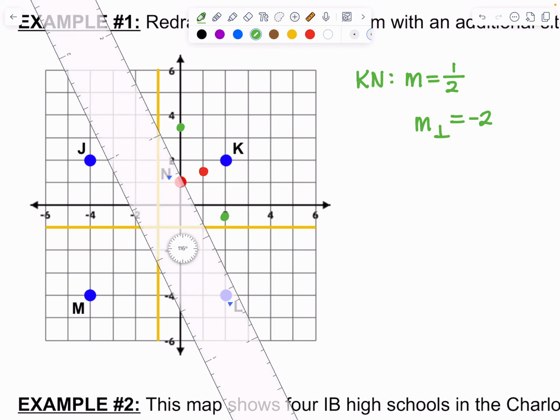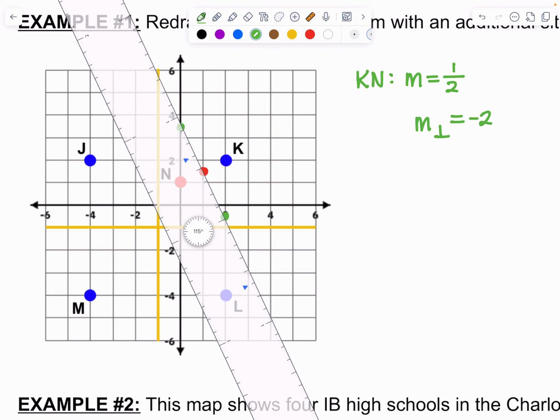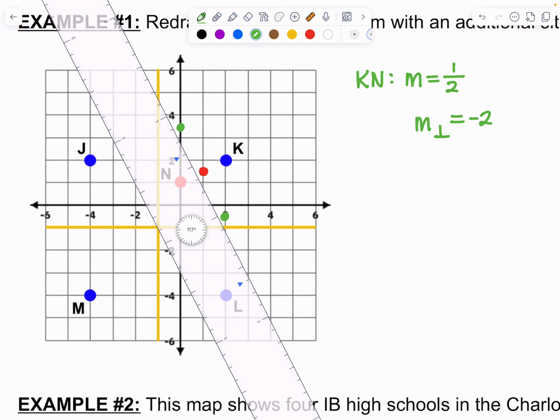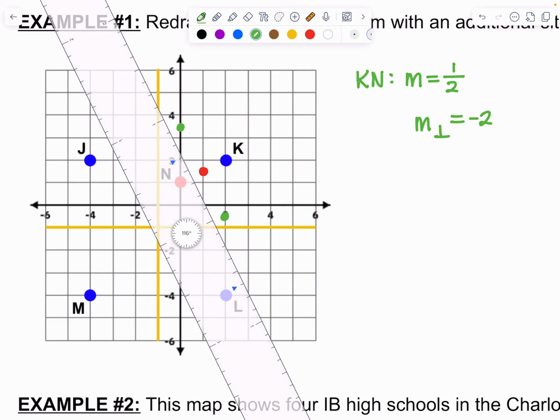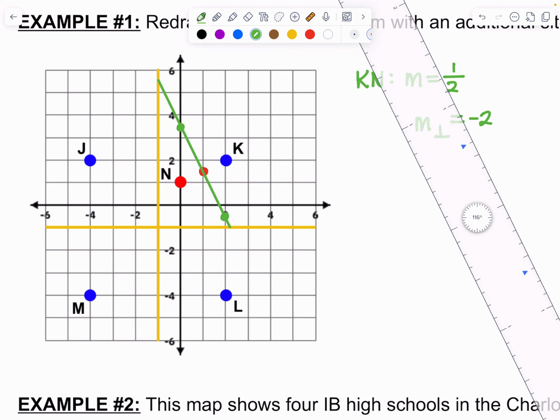Okay. Now I can tell that's perpendicular. All right. So I got that perpendicular bisector drawn.